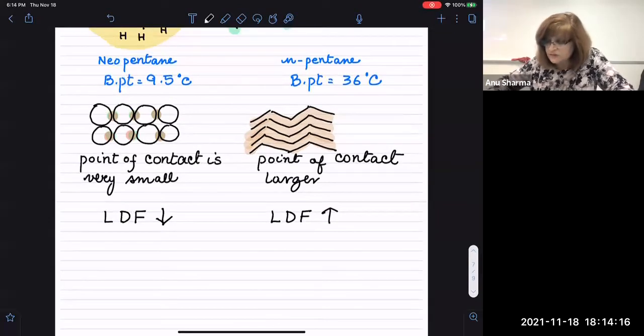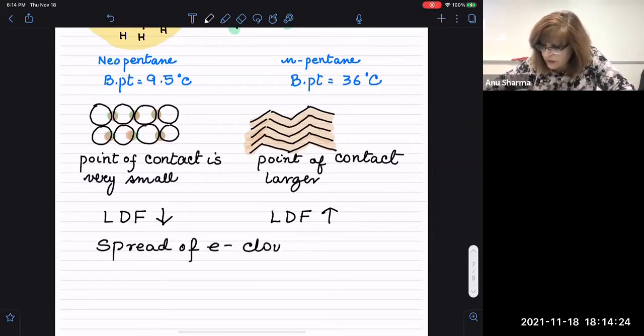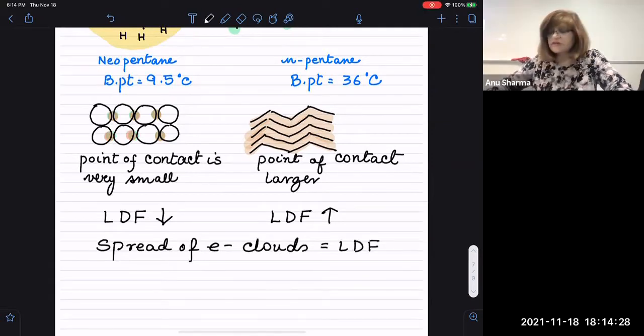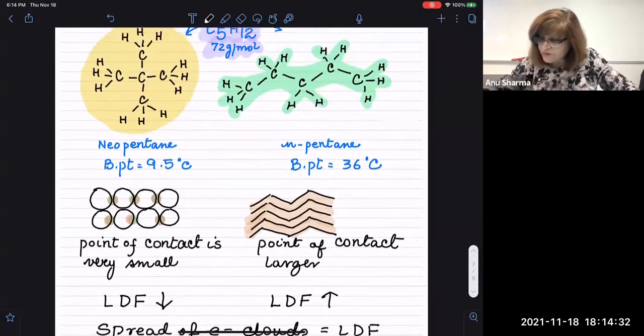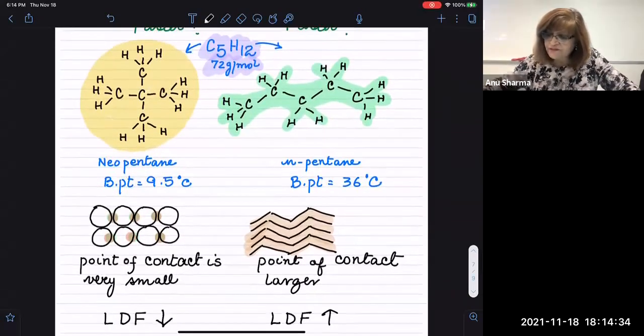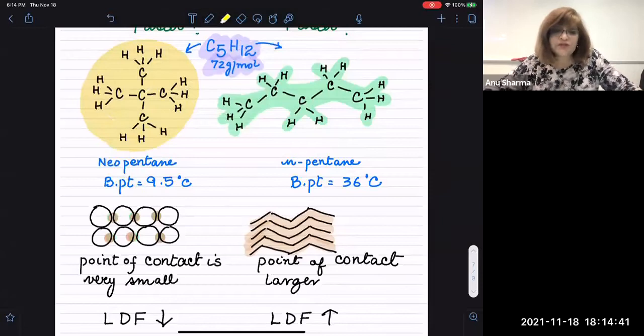Now, what is London dispersion? London dispersion is just the spread of electron clouds. Spread of electron clouds is the dispersion, disperse, spread out, right? So in this case, it manifests. If you provide heat, heat is going to bring about a change from a liquid to a gaseous state.